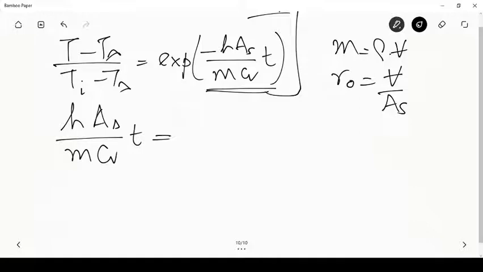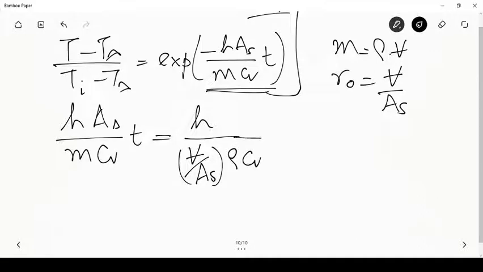Then this will become h multiplied by volume by surface area, multiplied by density into c_v. And I multiply and divide by, let us say, the thermal conductivity k here, and multiplied by t.